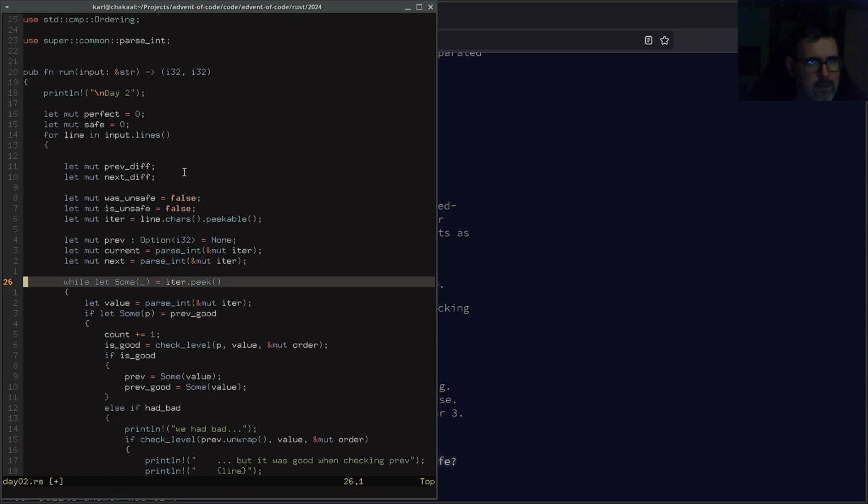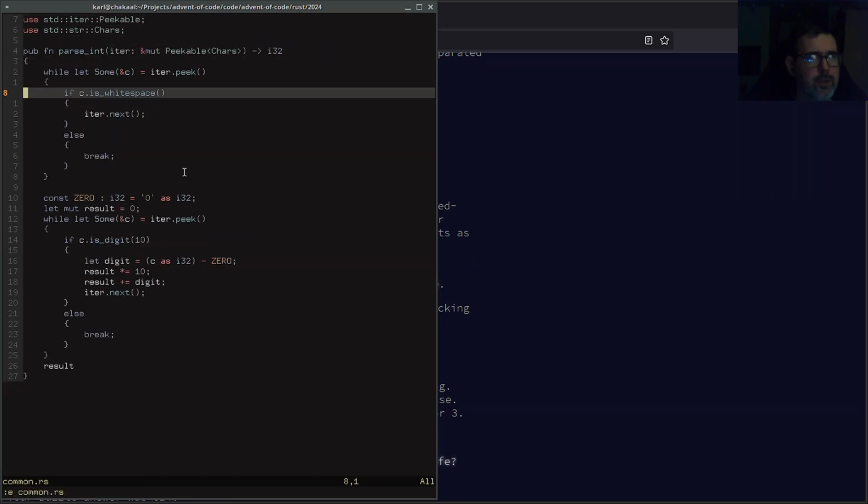Now, because we're not actually checking our iterator, I'm actually going to put in, I think, an assertion down here. So first we eat up all the white space.